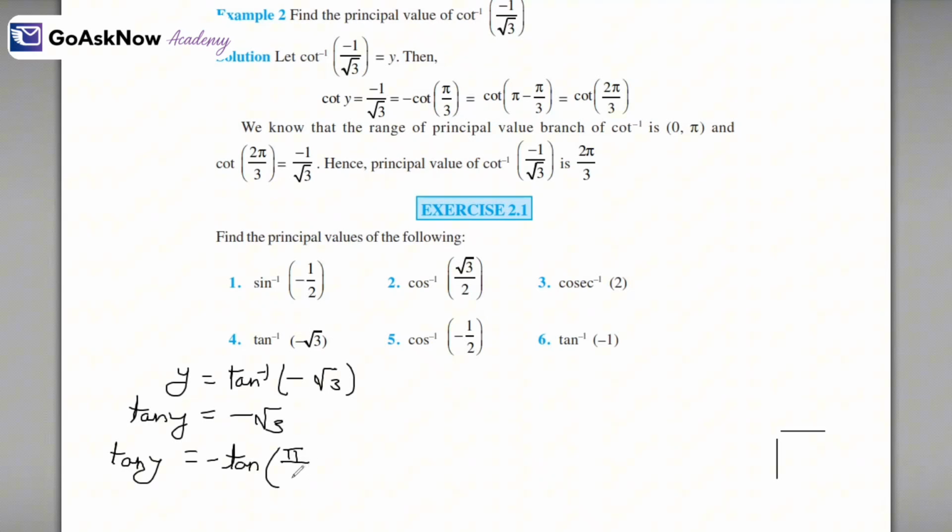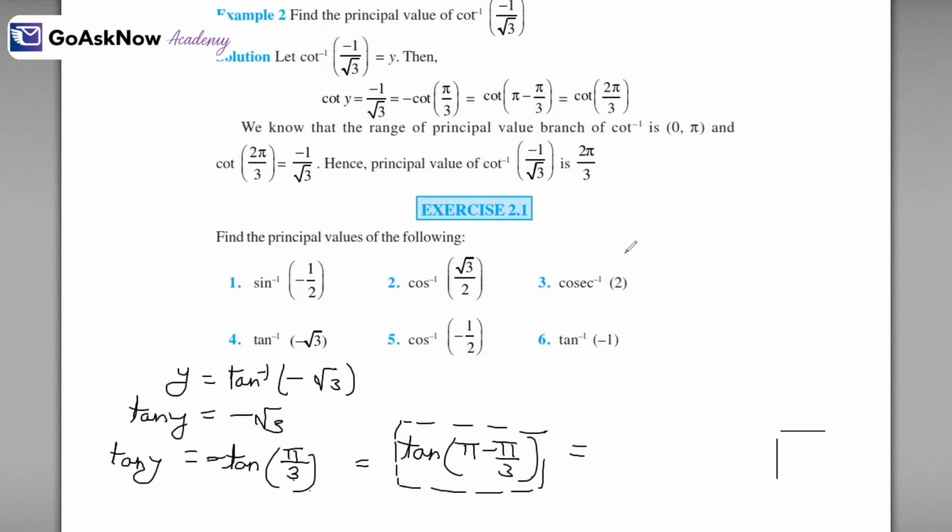It is pi by 3. So minus tan pi by 3 is equal to minus root 3. And you can write it like this also, tan of pi minus pi by 3. Why? Because in the second quadrant, I already told you tan and cot are negative.